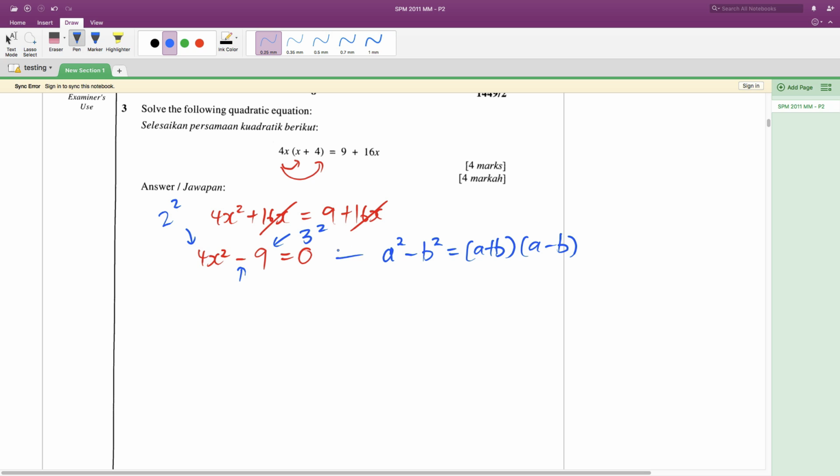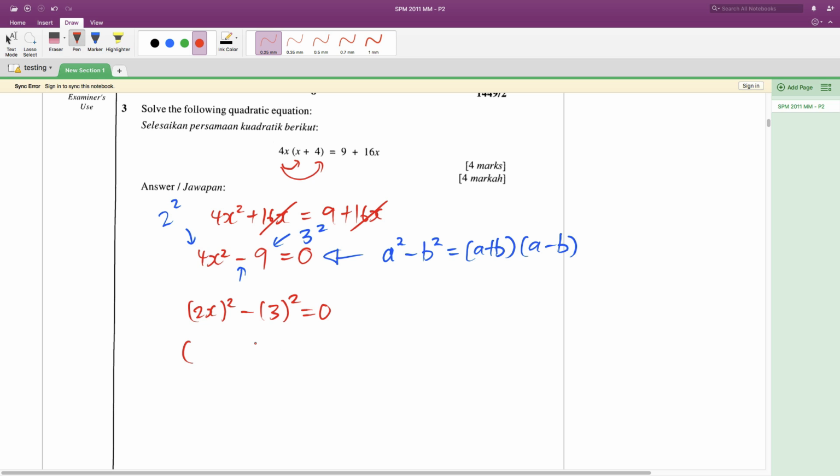I guess this one is exactly this scenario because the 4x squared I can change to 2x squared minus 3 squared equals to 0. This is exactly a squared minus b squared, isn't it?